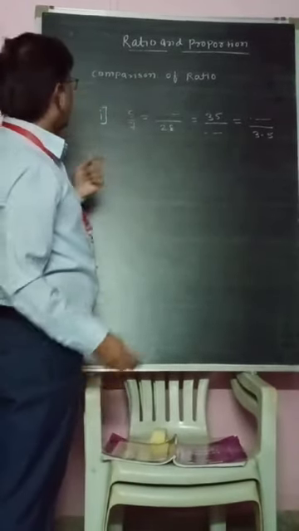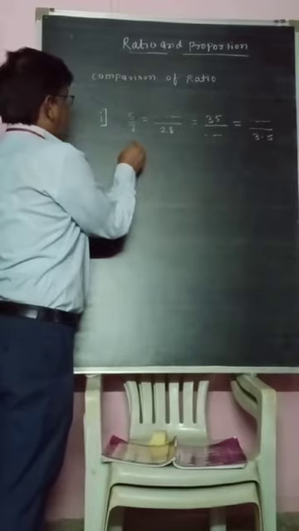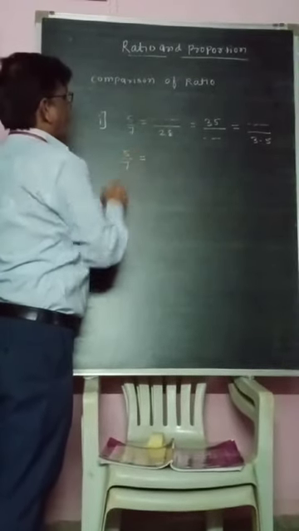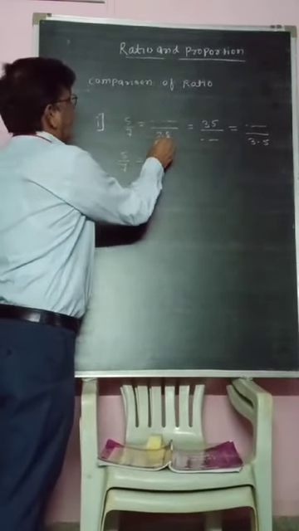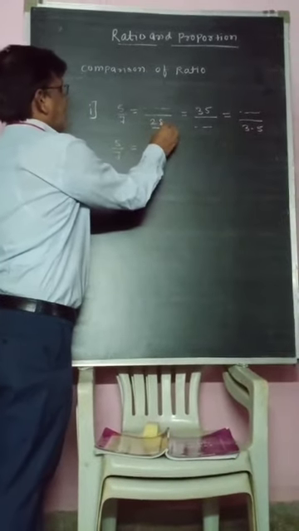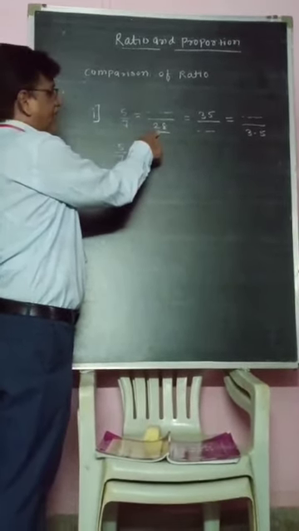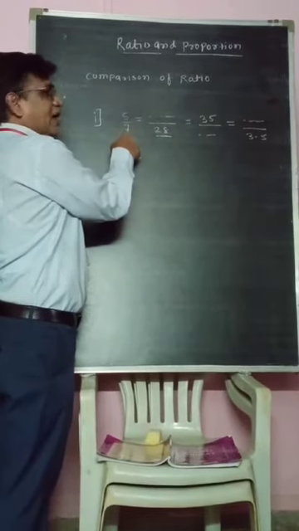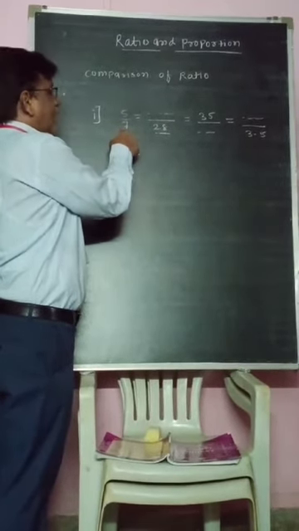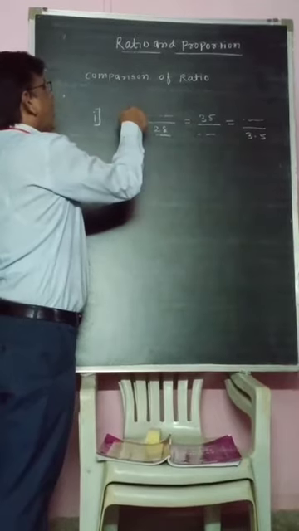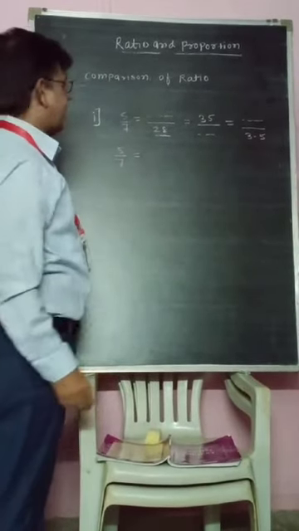See here, 5 by 7 is equal to dash by 28. Now the denominator is 28, which means you have to multiply 7 by 4, then you get 28. So you have to multiply the denominator by 4, and therefore you can multiply the numerator also by 4.